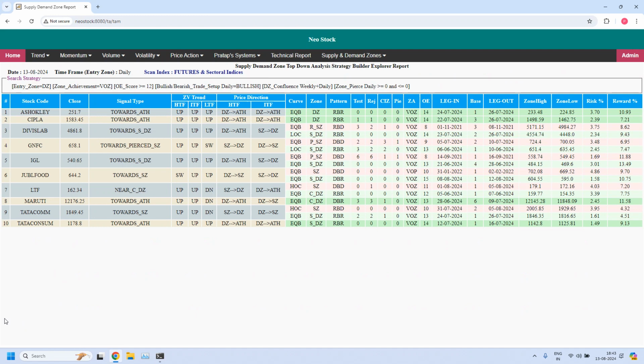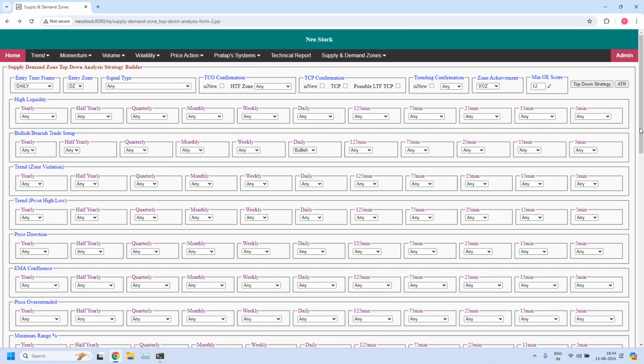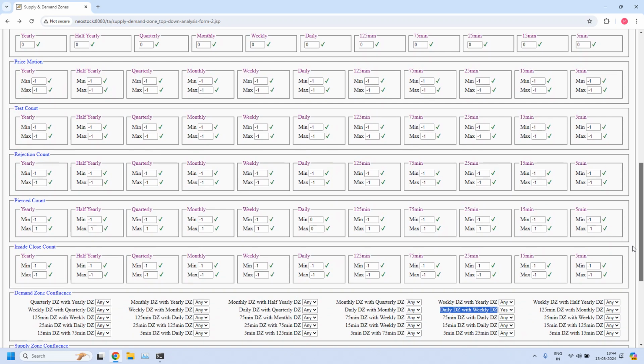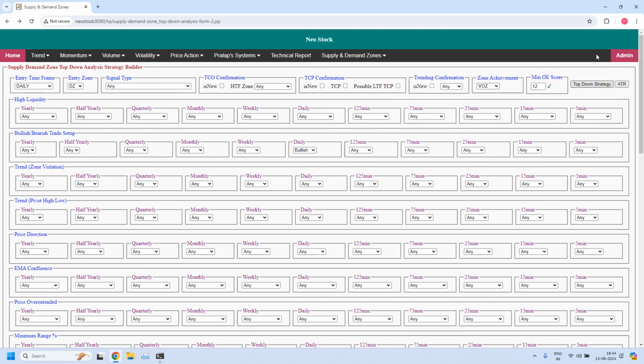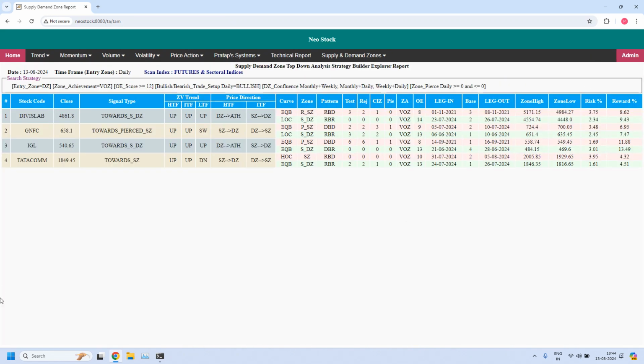Now let us verify out of these 10, how many are even having confluence with the HTF time frame. HTF is monthly. So daily demand zone with weekly, the next one is daily demand zone with monthly demand zone confluence, and also weekly demand zone and monthly demand zone confluence enabled. So we have enabled 3 options: LTF, ITF, HTF confluence.